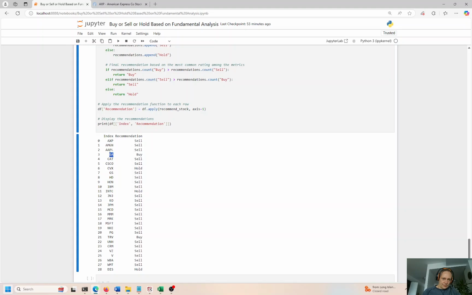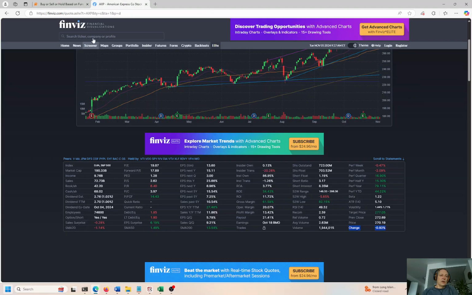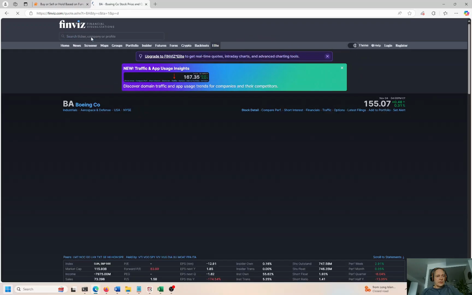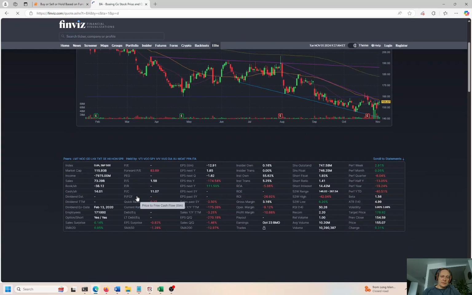If we go look at this BA right here, take a quick look at this guy. So Boeing Corporation, and let's go over here. Price to sales, that's good. You want that to be low. Price to cash flow, there's no number right here. That's interesting. We probably want to get that filled in.